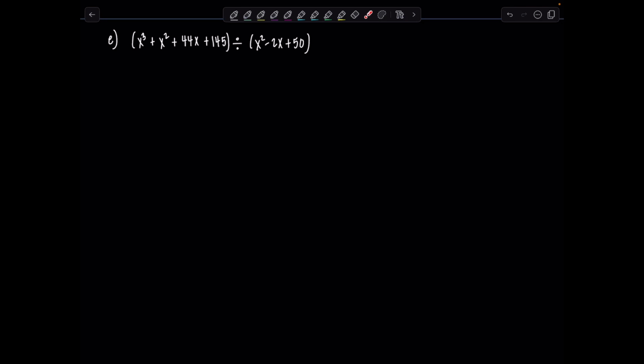So here we go. We have x squared minus 2x plus 50 out here. That's my divisor. And then the dividend, x cubed plus x squared plus 44x plus 145.